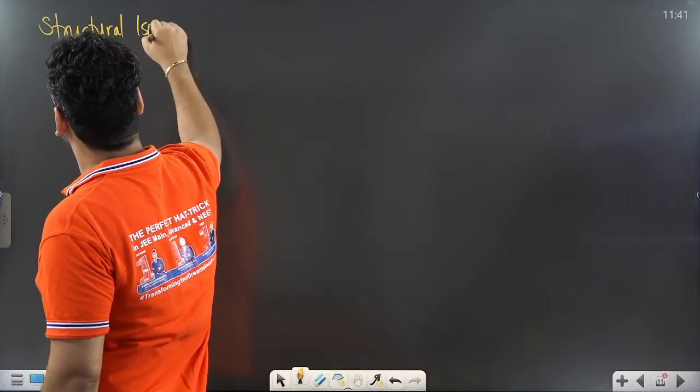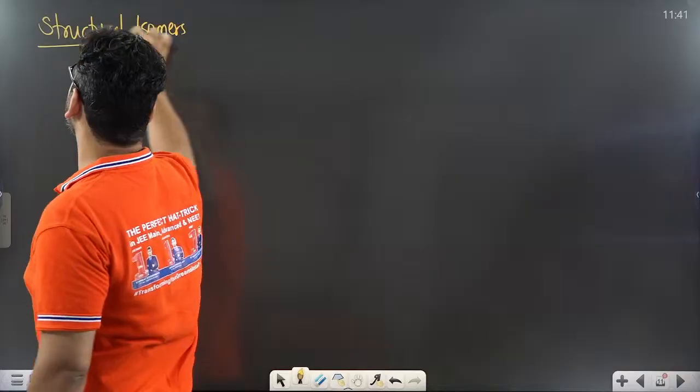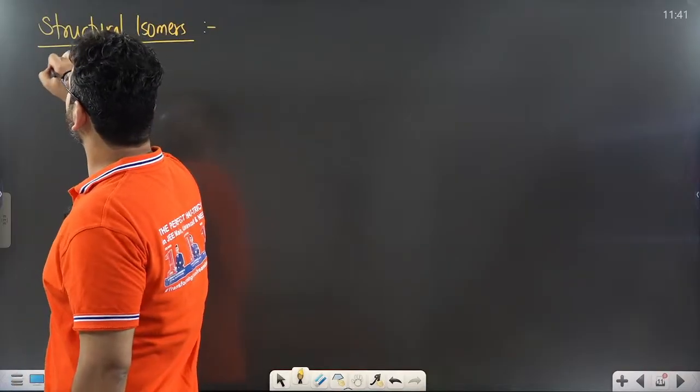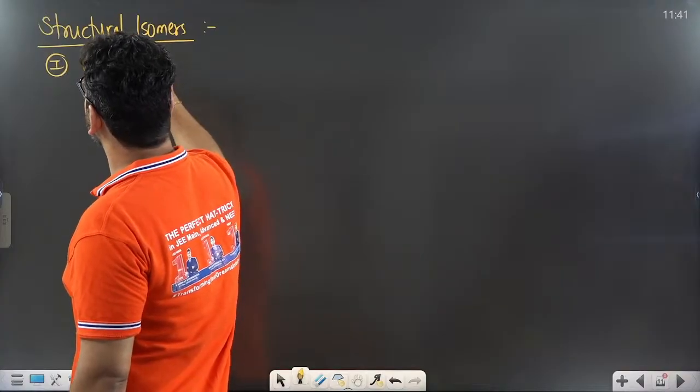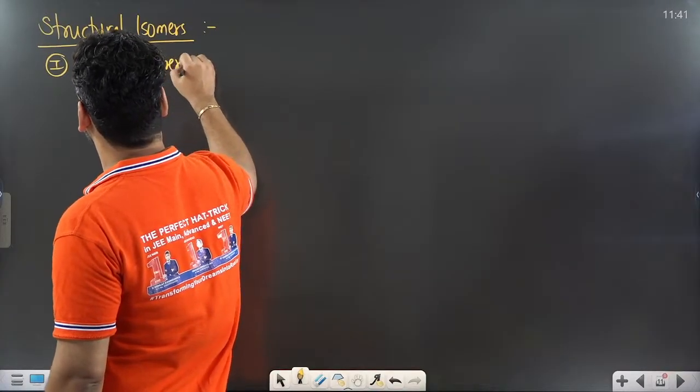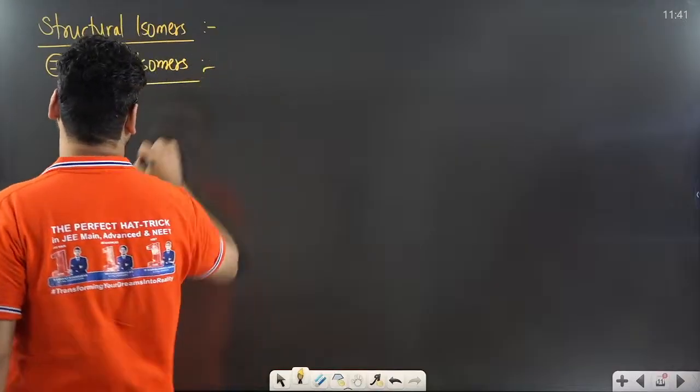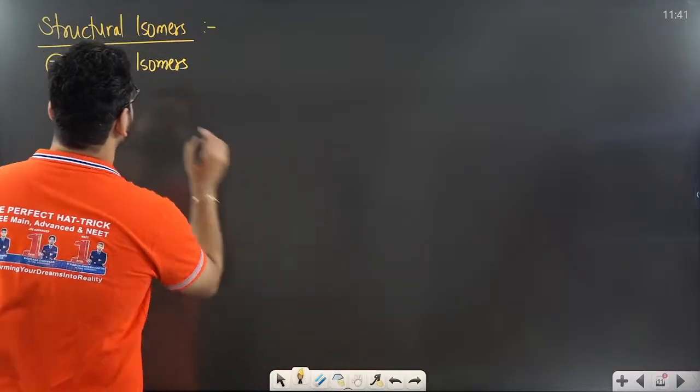Structural isomers. First one, which is going to be chain isomers. Quickly write down, everybody. Chain isomers.